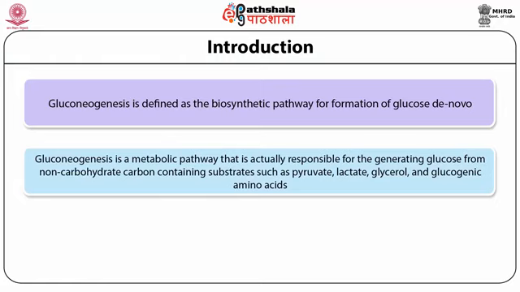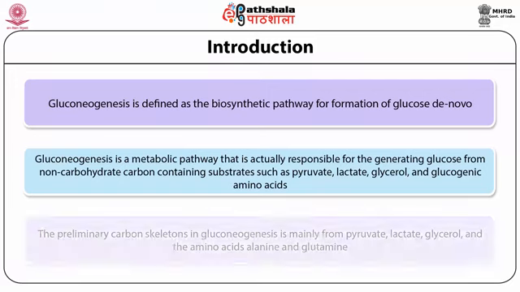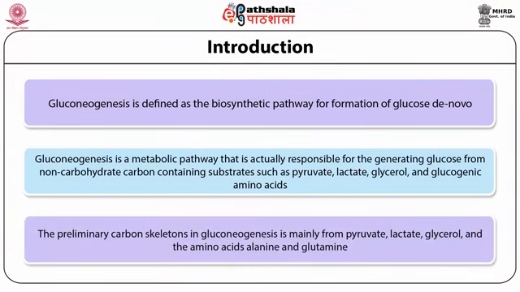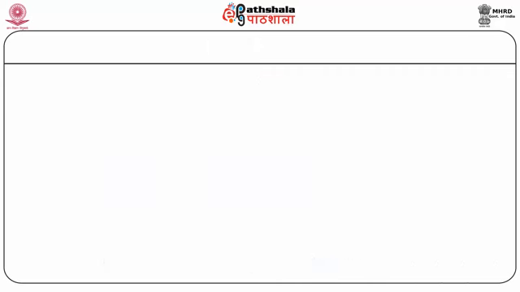Gluconeogenesis is responsible for glucose generation from non-carbohydrate substrates, as mentioned earlier. The preliminary carbon skeleton in gluconeogenesis is mainly from pyruvate, lactate, glycerol, and the amino acids alanine and glutamine.